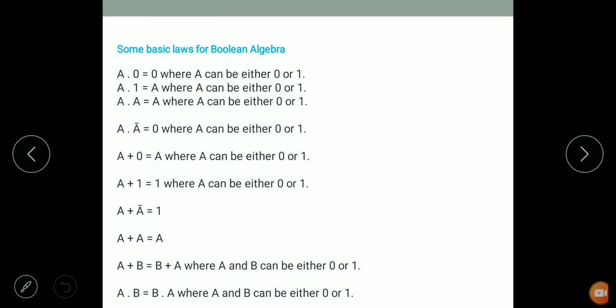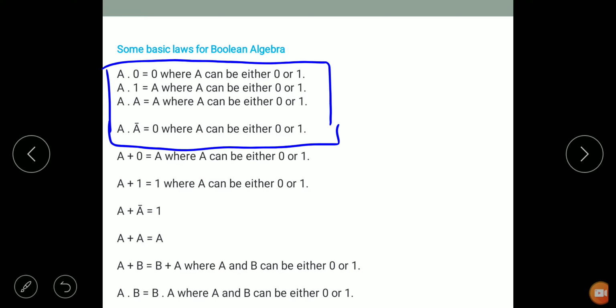These are the laws used in Boolean algebra. Now we see them one by one. First, if you see here, a dot is mentioned in these four, so this law is called the AND law.